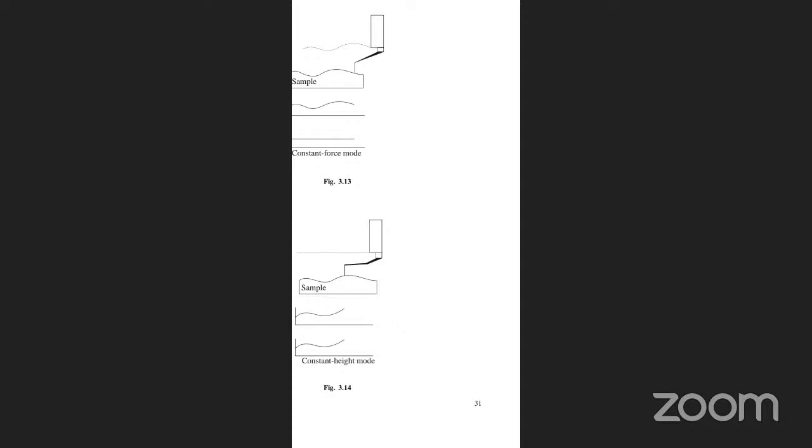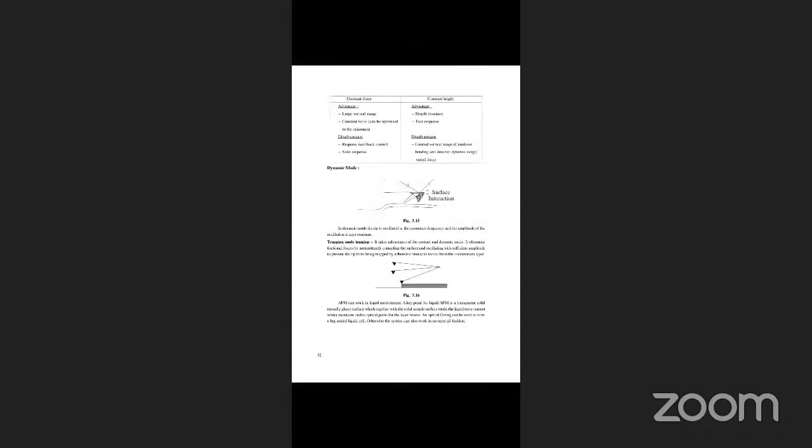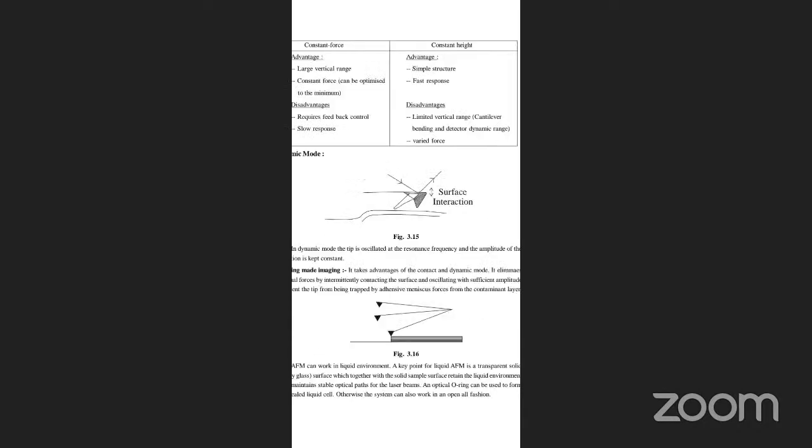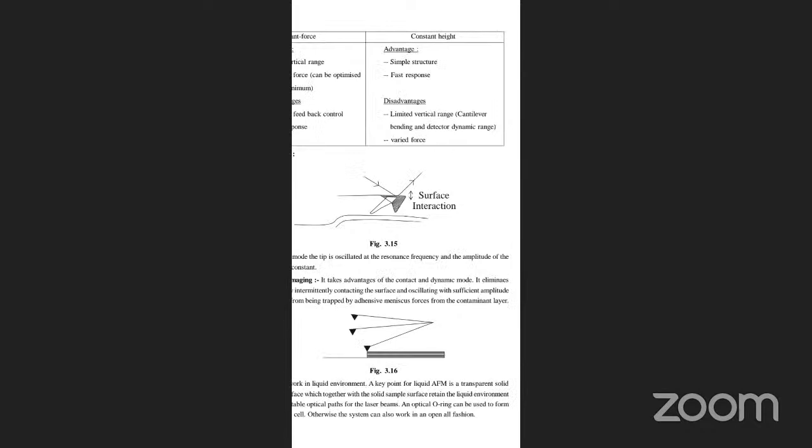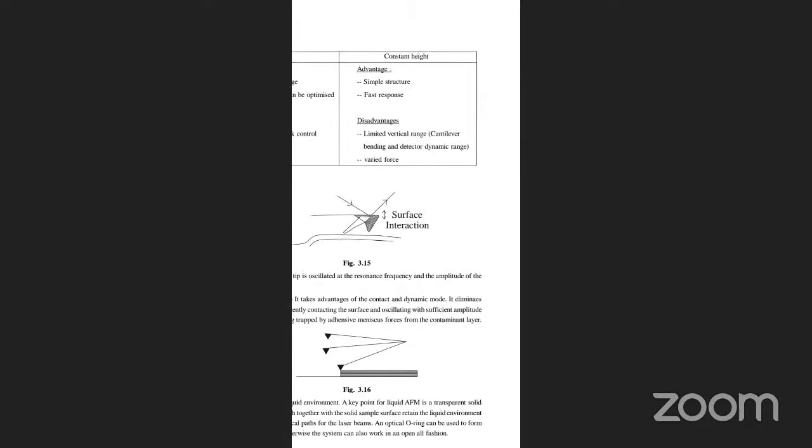For constant force, the advantage is a large vertical range, and the force can be optimized to the maximum. For constant height, the advantages are simple structure and fast response. Disadvantages of constant force: it requires feedback control and has slow response. Disadvantages of constant height: limited vertical range, cantilever bending and adhesion, detector dynamic range and varied force.